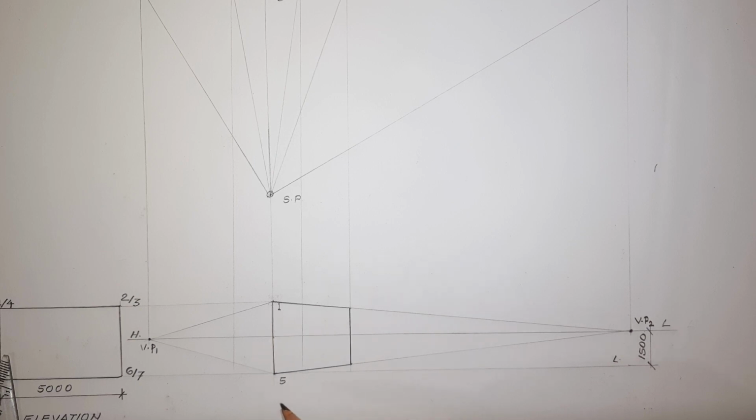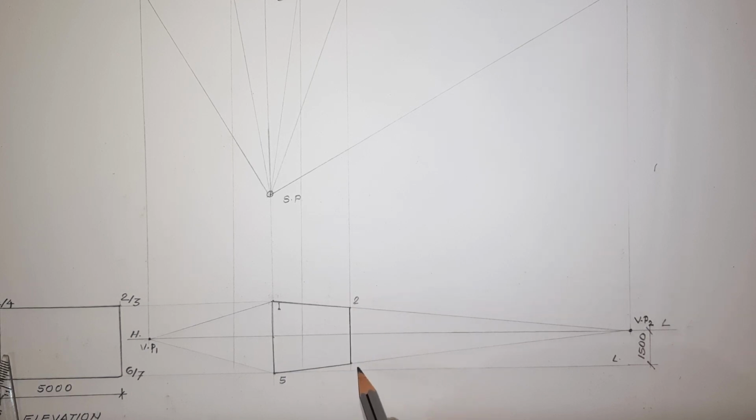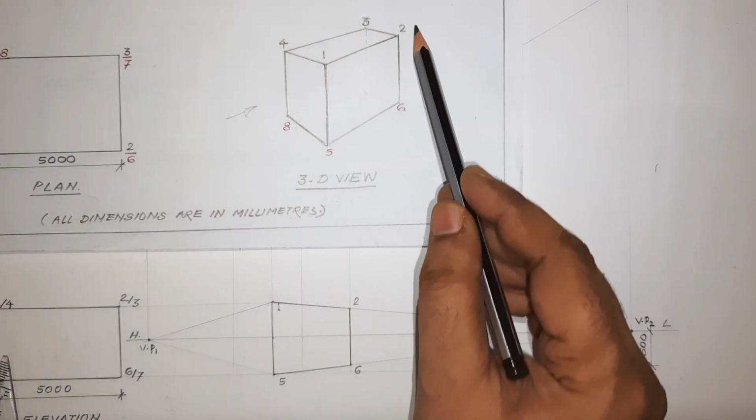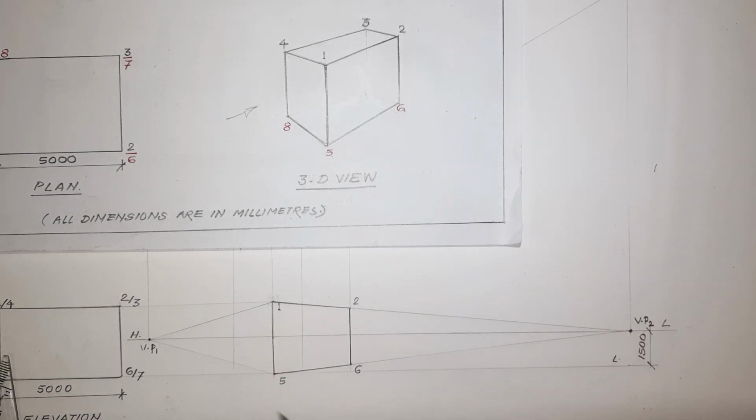From this we can understand this is nothing but 1, 2, 6 and 5. This face 1, 2, 6, 5 we have shown here.